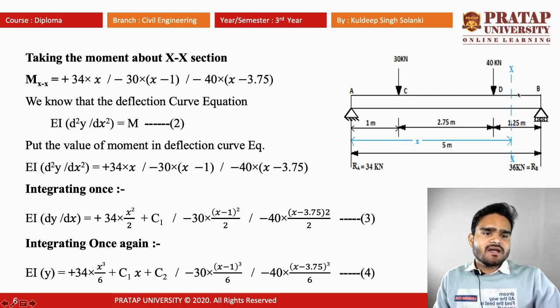If you consider the distance between D and B, three forces are available: the reaction force, the 30 kilonewton force, and the 40 kilonewton force. So in this case we consider all three terms. The first term is only for the A to C region, the first and second terms are for the CD region, and in the DB region all the terms.